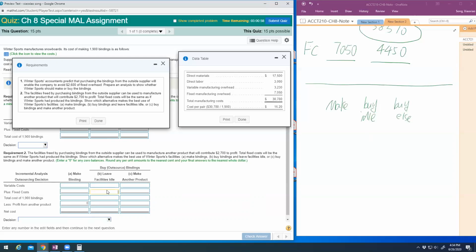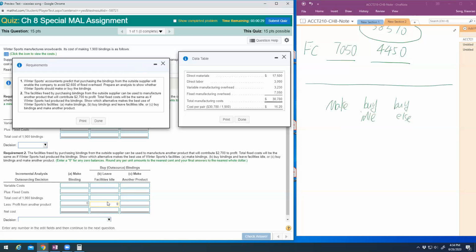Your fixed cost will be 2,600 less, and then you get your total cost. Since you leave the facility idle, you will not use it to generate income. So your profit in this scenario is also zero.